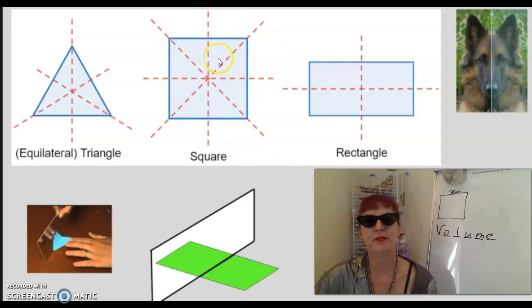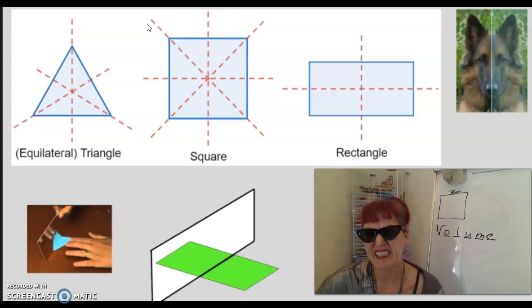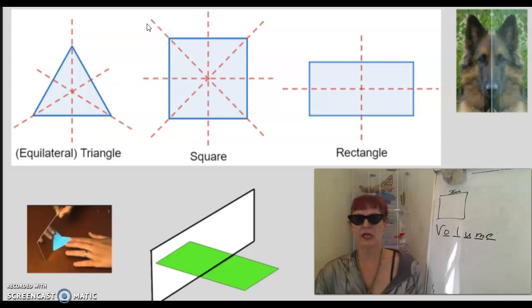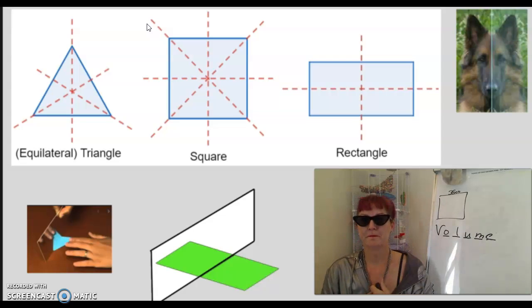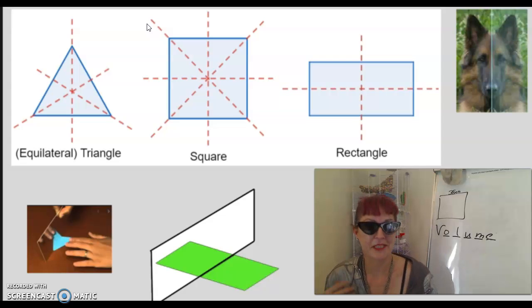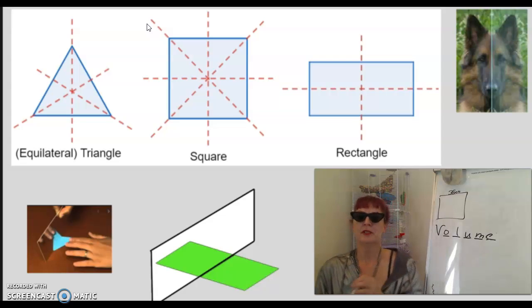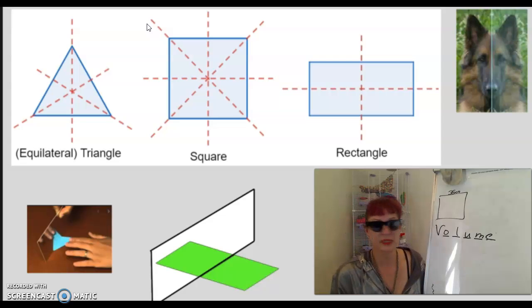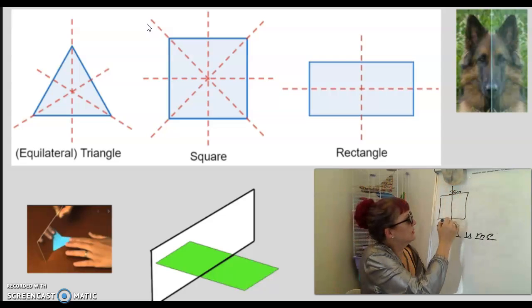And here is my beautiful square. It's got 1, 2, 3, 4, 5, 6, 7, 8. 8 lines of symmetry. Is that right? What have I done? I've counted some of the lines twice. Oops. So if I was doing this in real life, I might go 1.